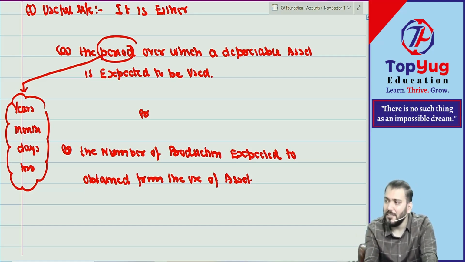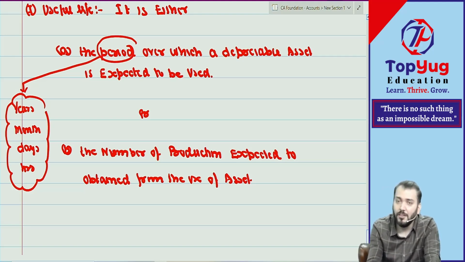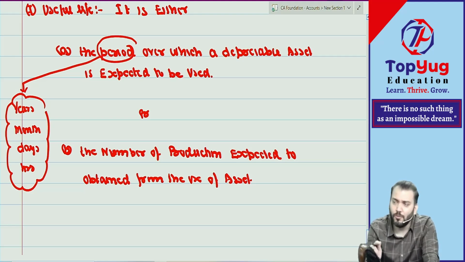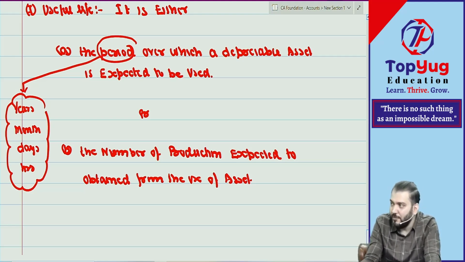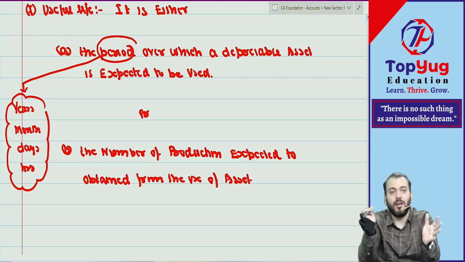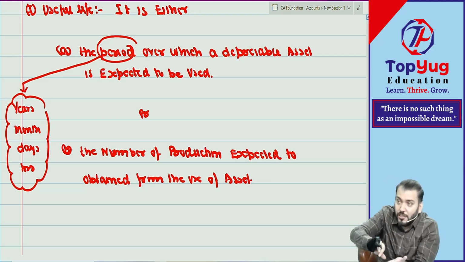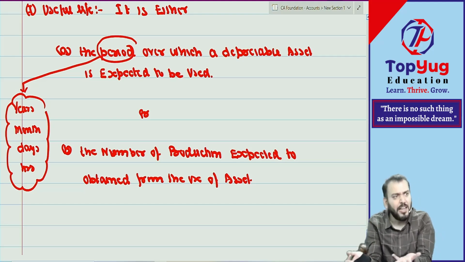But sometimes the useful life is based on the number of units produced. For example, coal mines. In coal mines, we know this much tonnage can be extracted. For example, if this coal mine has 10,000 tons of coal, once 10,000 tons is extracted, the life is over.